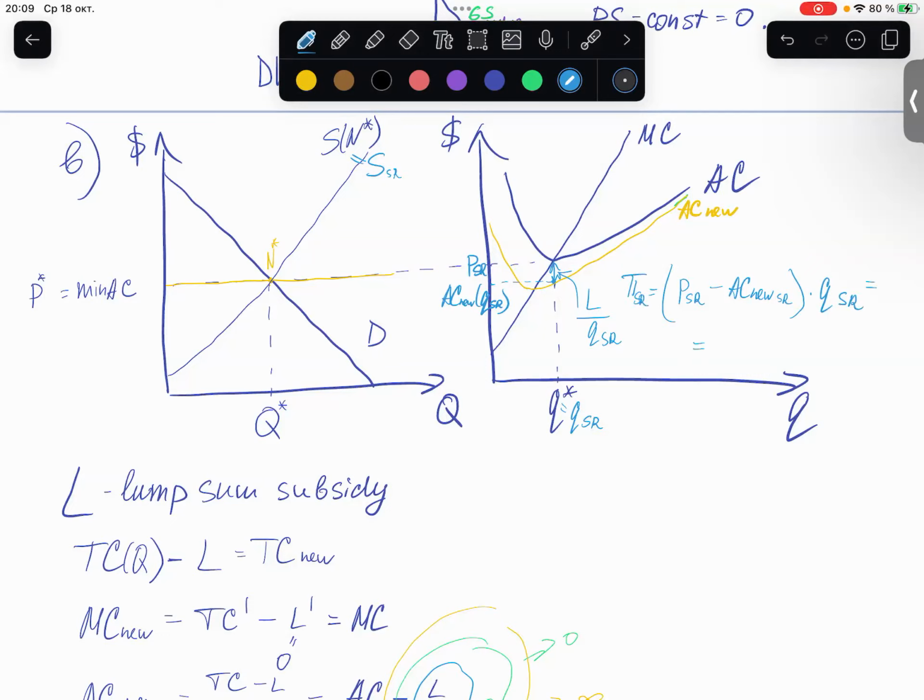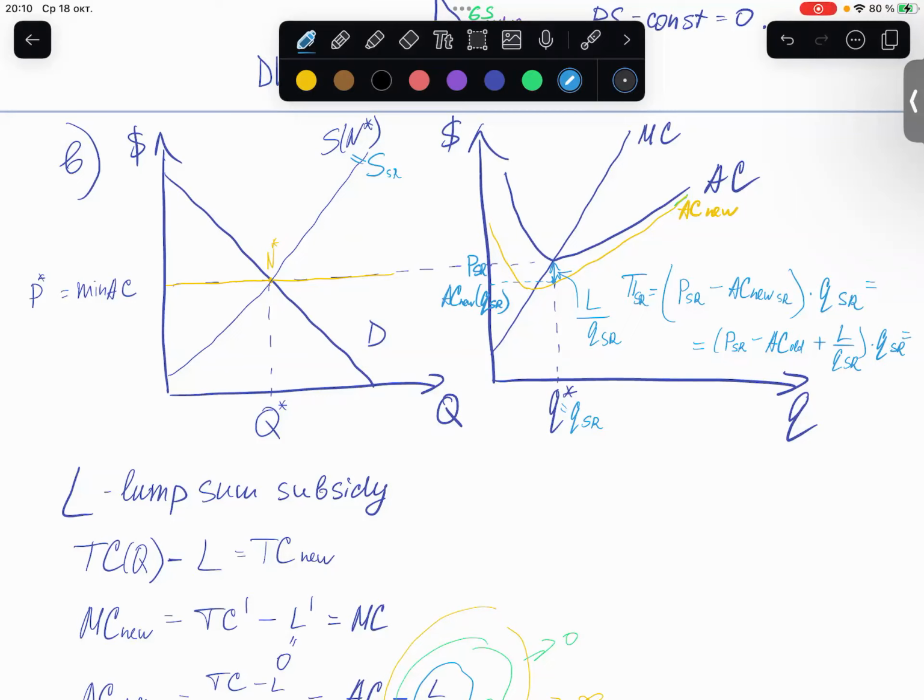But now this is the price in the short run minus the old average costs, plus L over Q in the short run, multiplied by the Q in the short run.